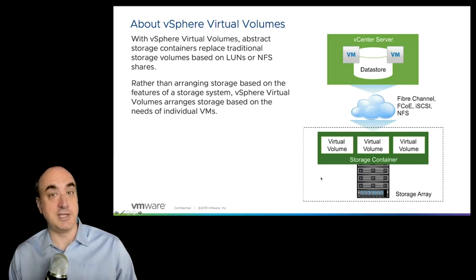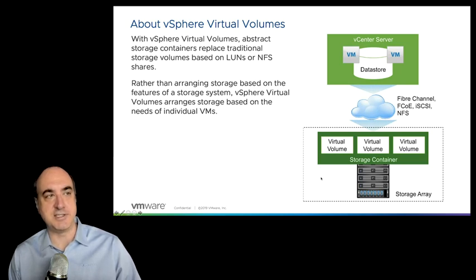But in any case, they can all have different policies as well. So that's also another thing, right? Virtual volumes has a policy-based model, right? So it's storage policy-based management on software-defined storage that allows us to put the VMs as first-class citizens.